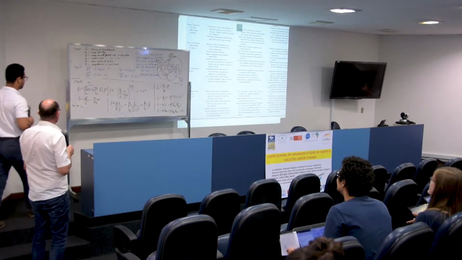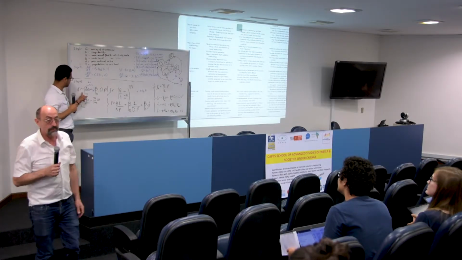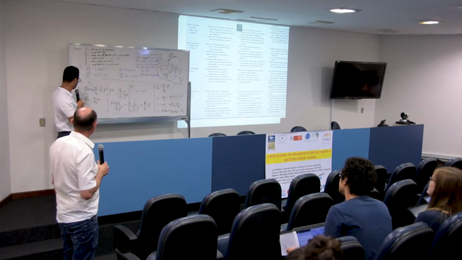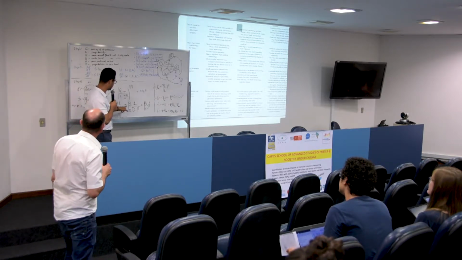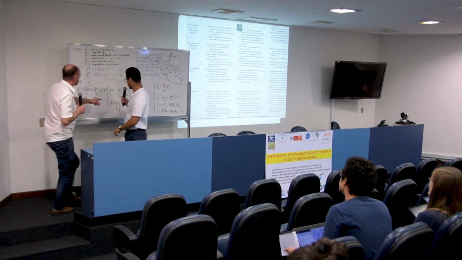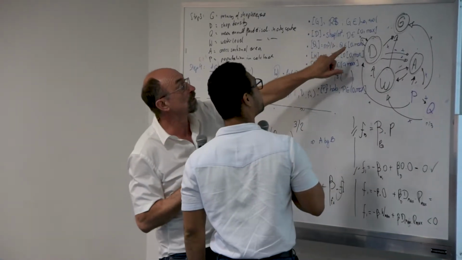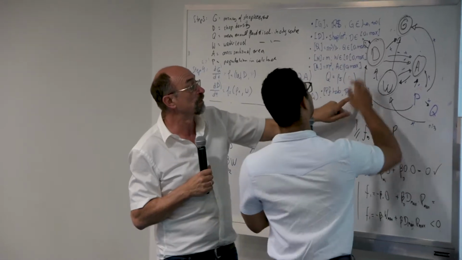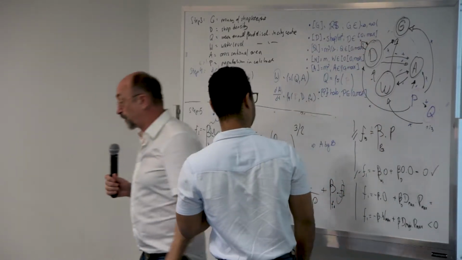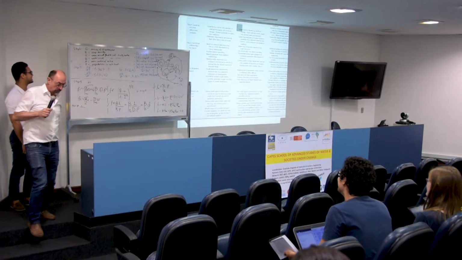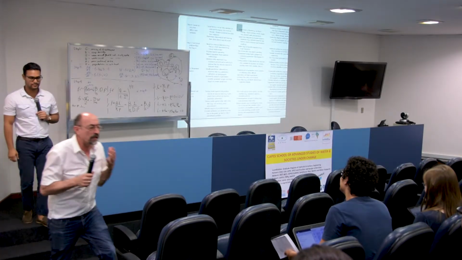Can you just count them and we check? 1, 2, 3, 4, 5, 6, 7, 8, 9, 10, 11, 12, yes, 15. 15 parameters. Okay, what is the idea of a parameter?